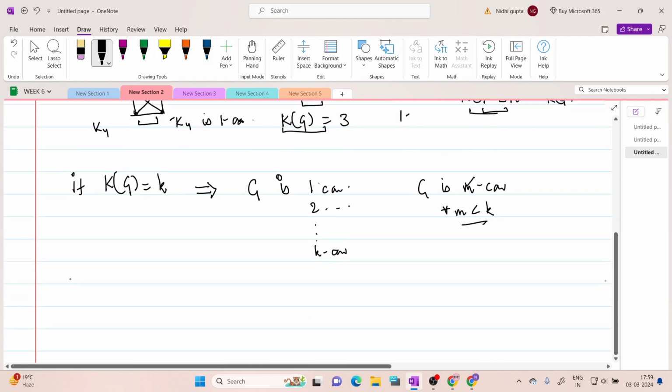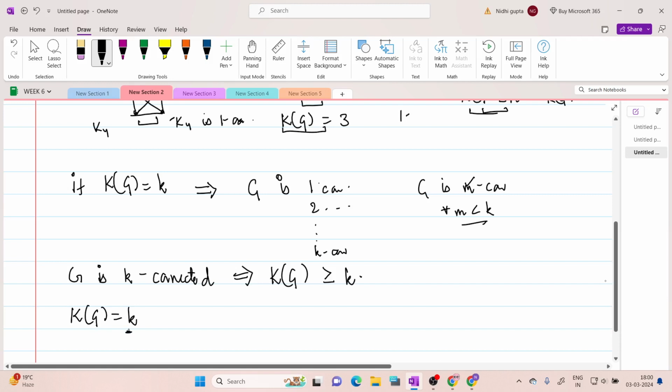So what I am saying is, if G is k connected, then this implies that vertex connectivity has to be greater than or equal to k. And if vertex connectivity is k, that means k is the largest number for which G is k connected.